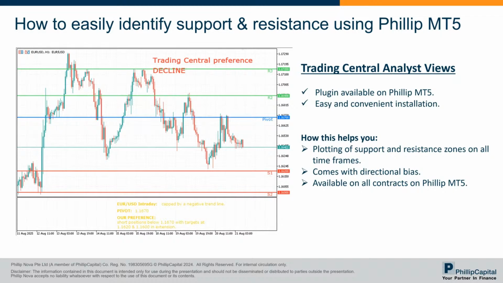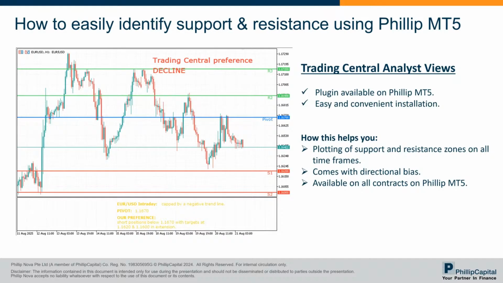Whatever line that is above the current price that you're seeing right here, those are your resistance line. And whatever price that is below, those are the support line. Besides the key interest areas, they also give you a directional bias on what Trading Central thinks is the bias.